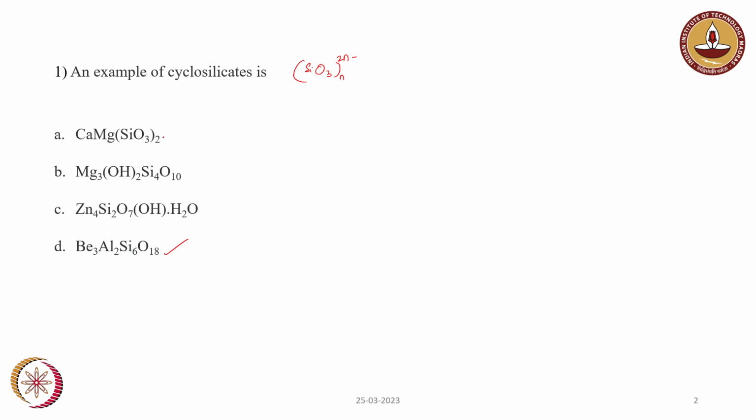here calcium is +2, magnesium is +2. So 2 plus 2 is 4, so this part will be 4 minus. So (SiO3)2 has 4 minus.